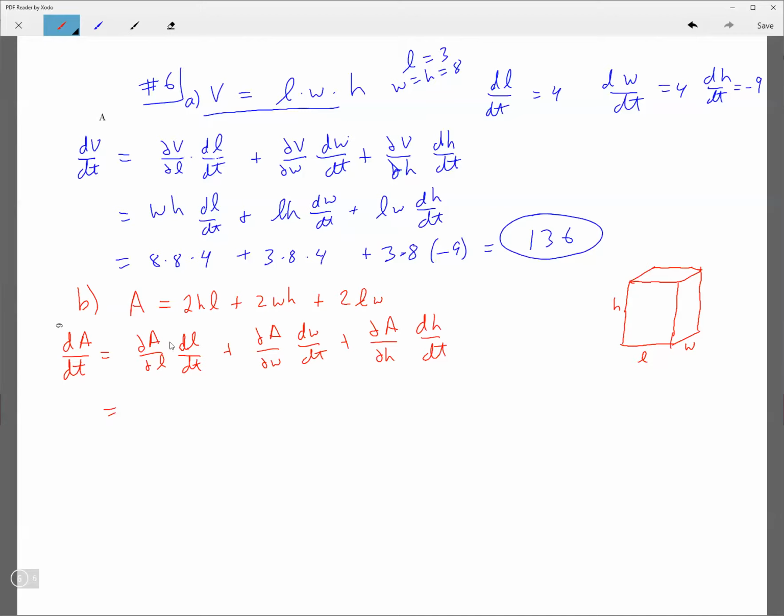Okay, so dA dL, that's going to be 2H plus 2W, right? 2H plus 2W. And then dA dW, that's going to be 2H plus 2L. And then dA dH is going to be 2L plus 2W right here.